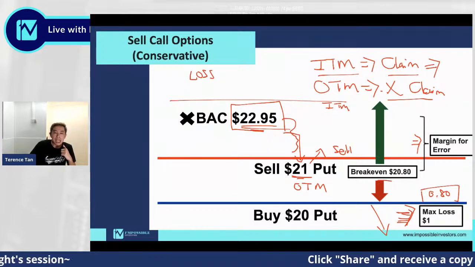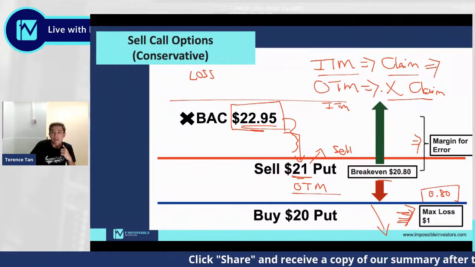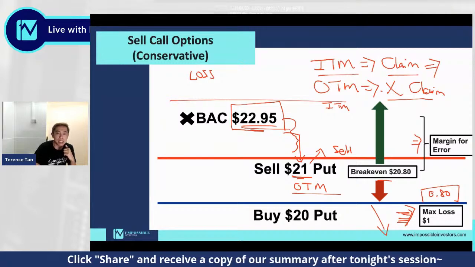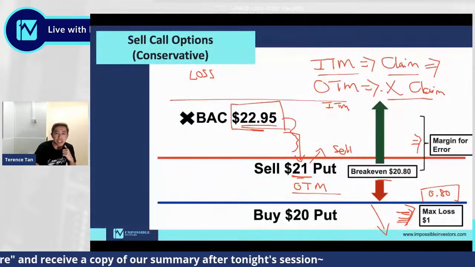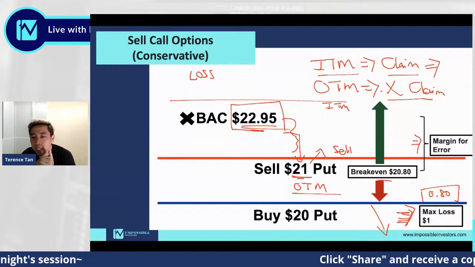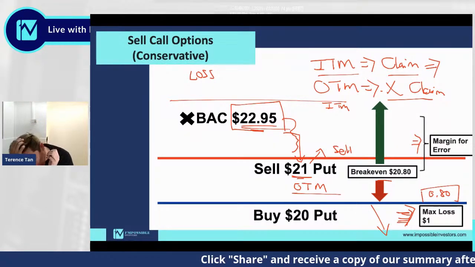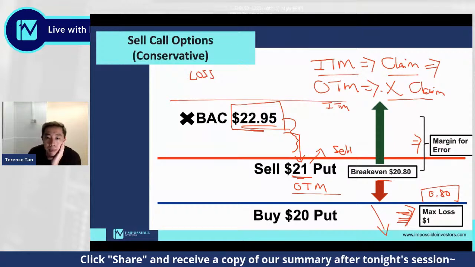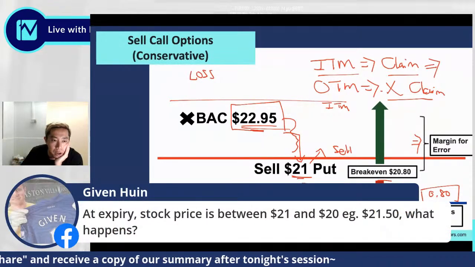Any line that starts off below is basically out of the money. Now, this is simplifying everything in a nutshell. Yes, Wing Kai, assuming no transaction cost, of course. Now, let's answer Javon's question over here.